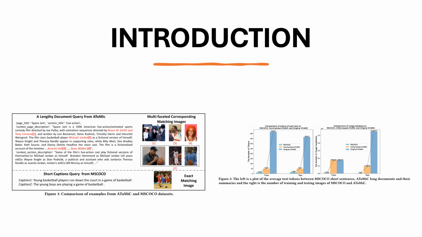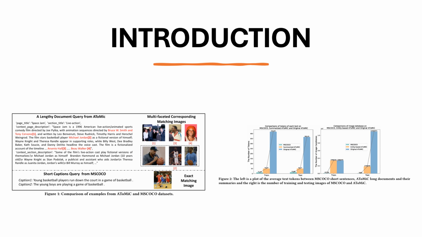And the second caption is the young boys are playing a game of basketball. So the exact matching image starts from these words, and it will show it here as the image. From these words, we can have an image of someone playing basketball.